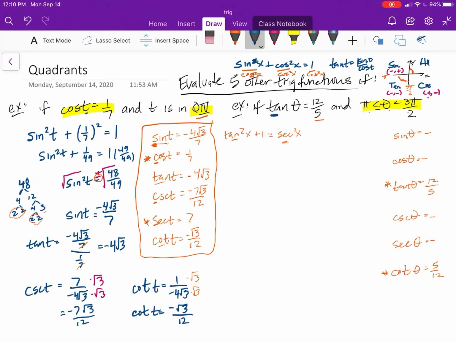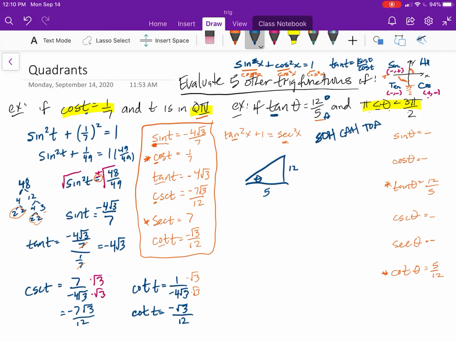Tangent is 12 over 5, but I also know tangent in a right triangle, right? SOHCAHTOA is opposite over adjacent. So if I drew some angle theta, I don't know what it is, that's why I just draw a random triangle. It's not even to scale because, right, opposite is 12, adjacent is 5. That's not even drawn well, right? That's opposite and adjacent.